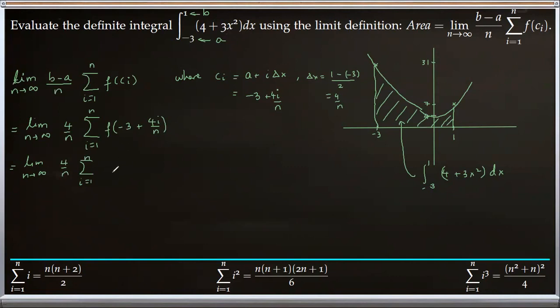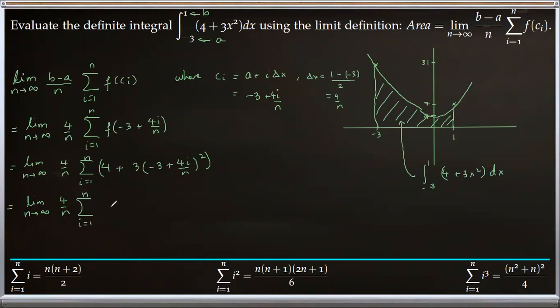So f of -3 plus 4i by n is going to be 4 plus 3 times whatever we have here squared. So that is squared. This becomes limit n goes to infinity, 4 by n, sum i equals 1 to n.